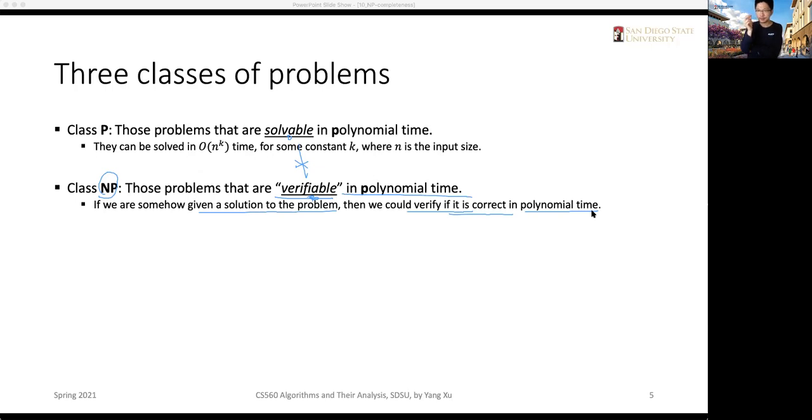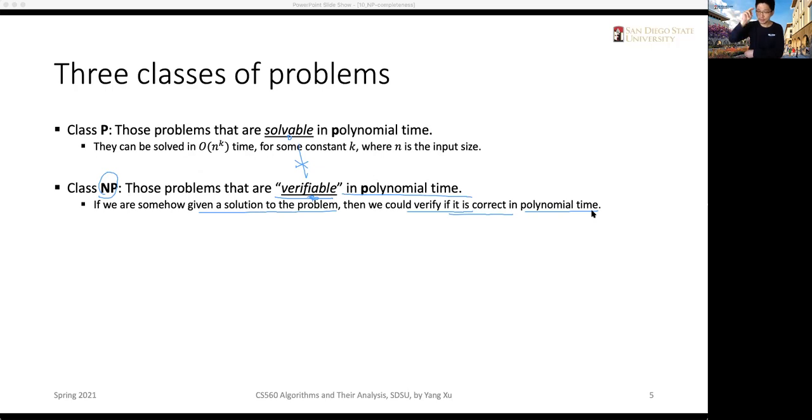But for example, if somebody gives me a solution and claims that this is the correct one, then we can basically follow that path and examine whether each vertex is visited exactly once, right?